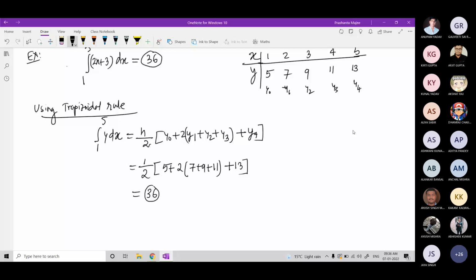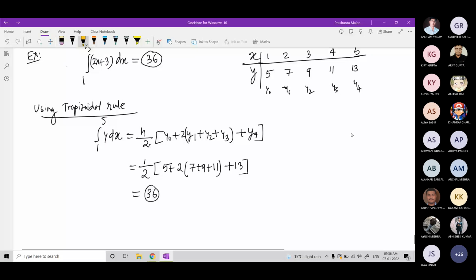we would also have obtained the same answer, I think. Let me see. Suppose these data points are not there, and we use the trapezoidal rule. It was 5, 7, 9. Suppose these struck out data points are not there.